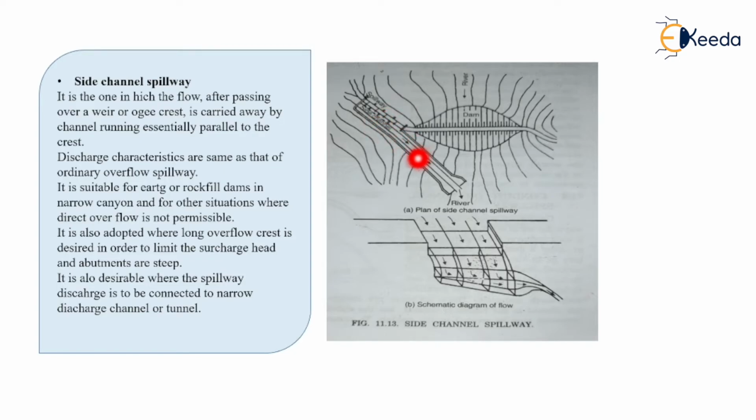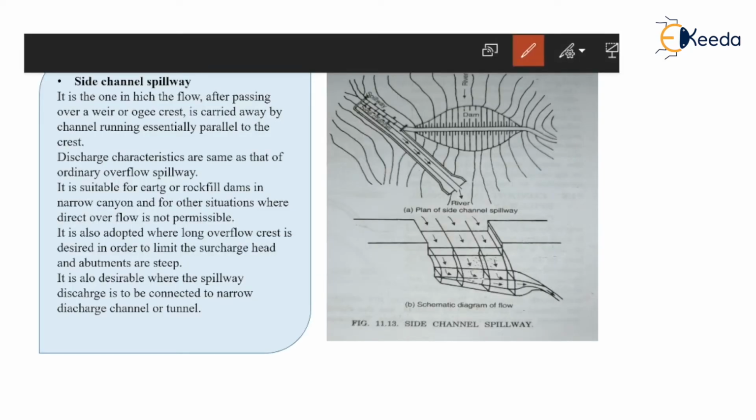Basically, this side channel is provided to dissipate the kinetic energy at this bottom section, or this lower section. You can see the schematic diagram of this channel also. Imagine we are looking at the front section. If this is your spillway crest, water passing over this spillway or ogee crest will be carried in here.